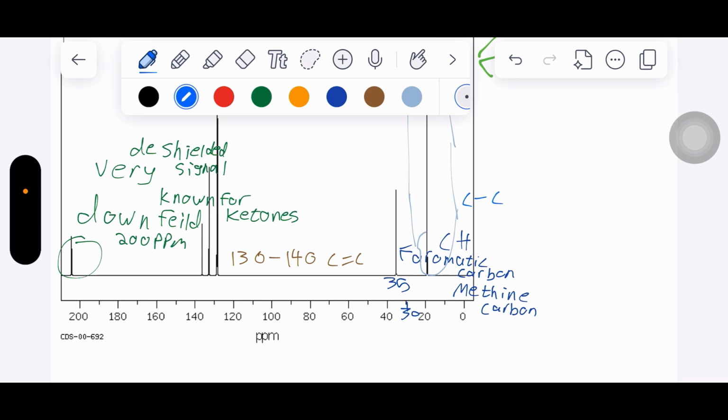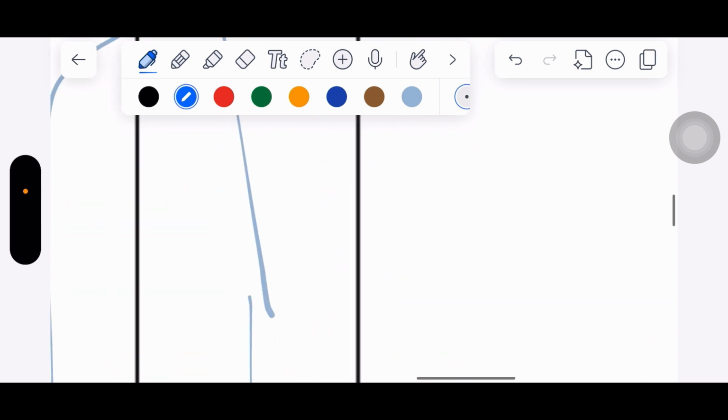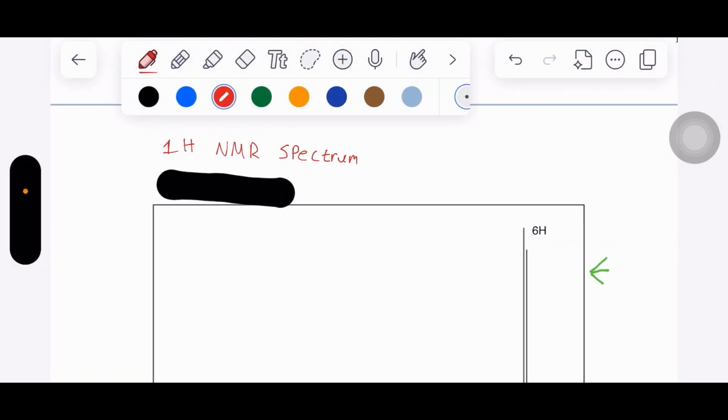And lastly, the carbon attached to another carbon, which is aliphatic, is just a single signal, right at 20. So I'm going to go with 20 on the last one.